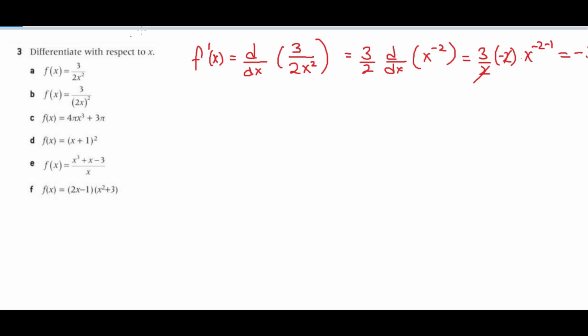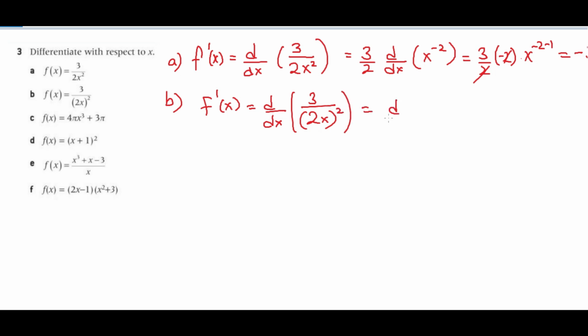Let's solve another question. This was A. Now I'm solving the B part. So B part, f dash x is d by dx of 3 by (2x) whole square. First solve this whole square.